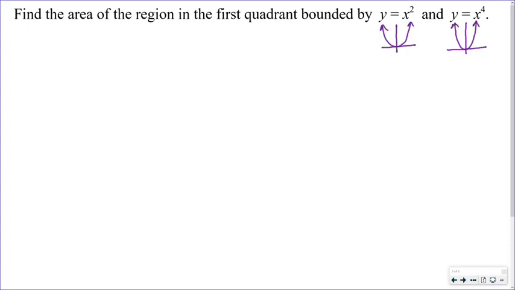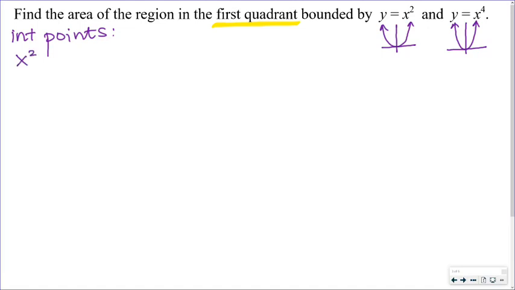X to the fourth means it grows more quickly than x squared, so it would look skinnier. So first of all, we're focusing only on the first quadrant. That's good. And when I look for intersection points, I set the equations equal to each other.